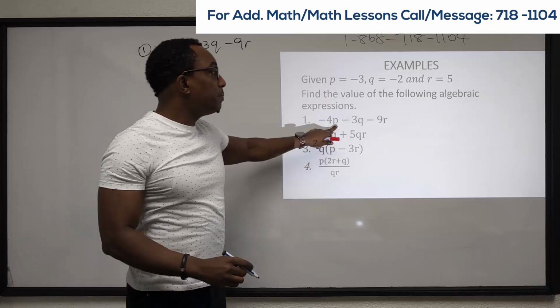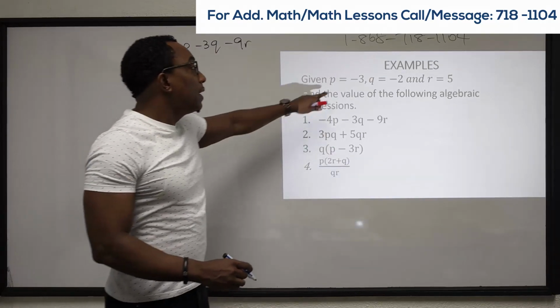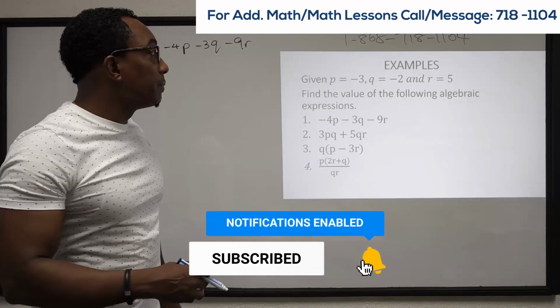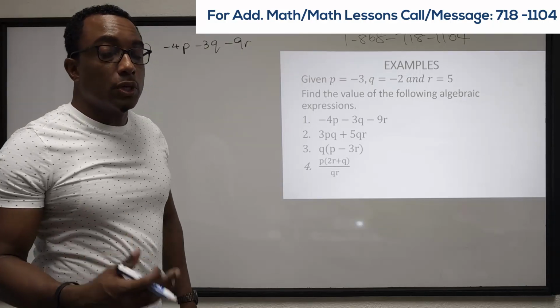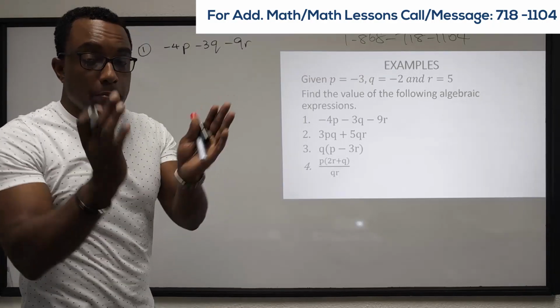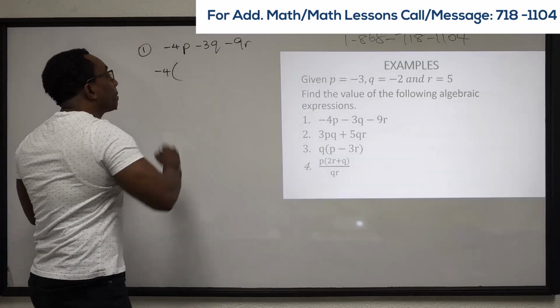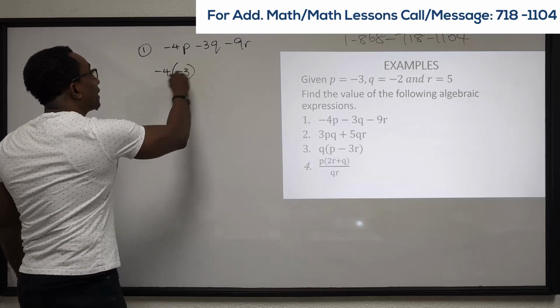So where I see p, q, and r in my algebraic expression, I'm going to substitute for those variables with the numbers given. And when I'm making that substitution, it's important for me to use brackets. So this will be negative 4, and I'm replacing p with negative 3, so I place negative 3 in brackets.